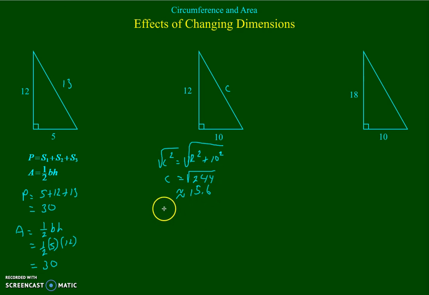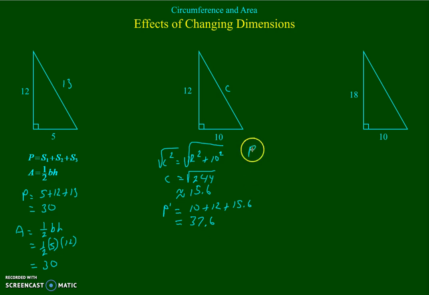So our new perimeter, we'll call it P prime, is 10 plus 12 plus 15.6, which gives us 37.6. So what we would say then is our perimeter increased by 7.6 units.